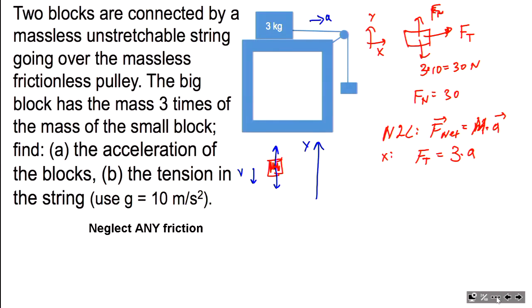So what was happening to speed? Speeding up. If it's speeding up, it means acceleration should have the same direction as velocity. Remember, we learned it, and now we use it again. So acceleration should point down, which means the component of the acceleration relative to the y-axis will be negative.